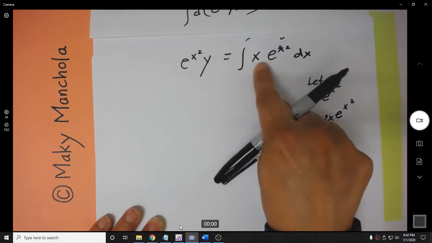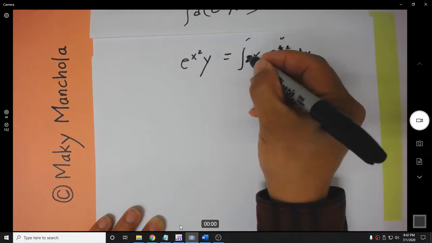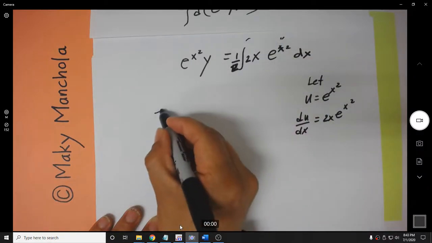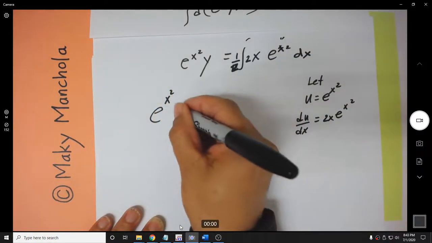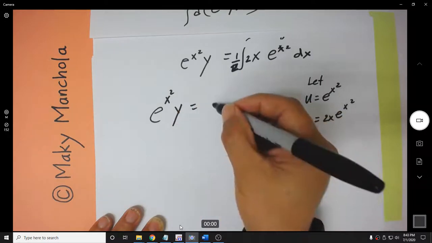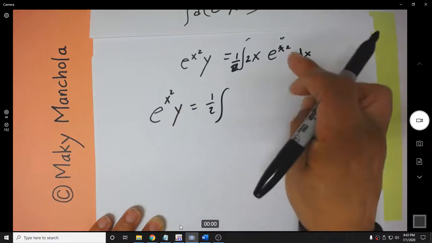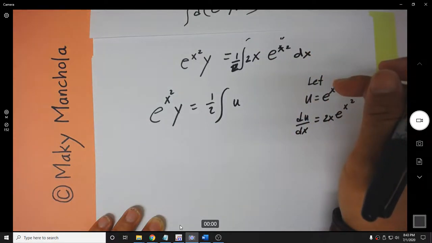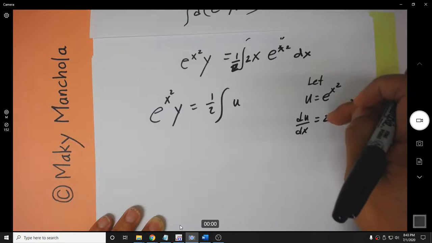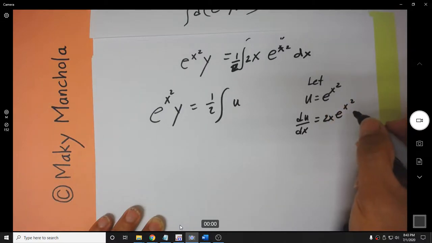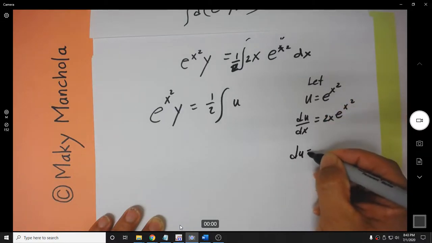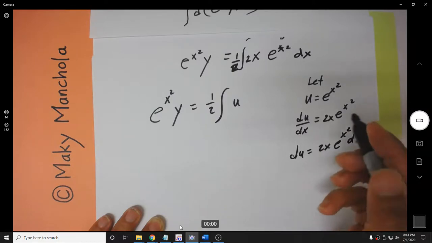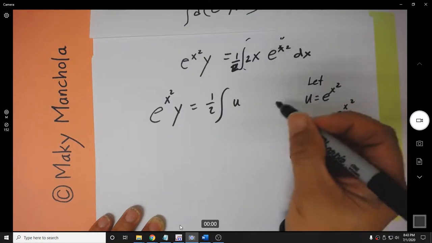As you can see, we don't have 2x, but we can make it. We can put a 2 there and a 1/2 there. So we end up with e to the x squared times y equals 1/2. So this is my u. If I solve for the u here, you get 2x e to the x squared dx. This is my d of u.